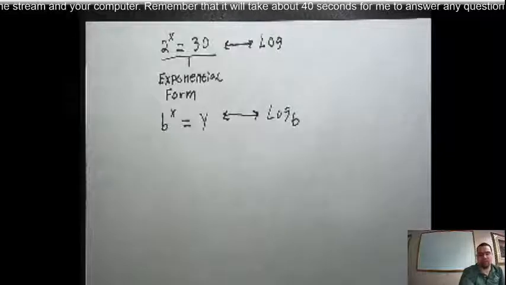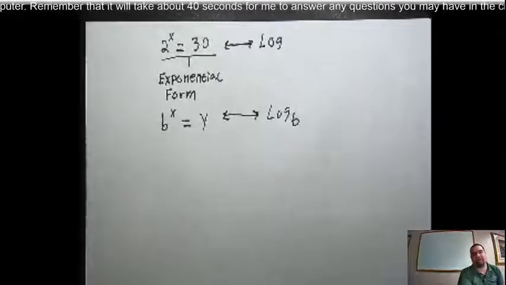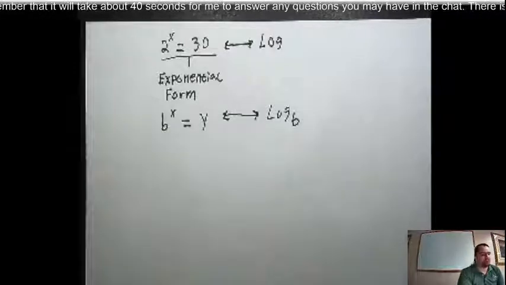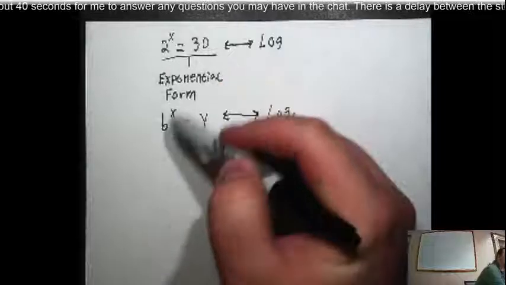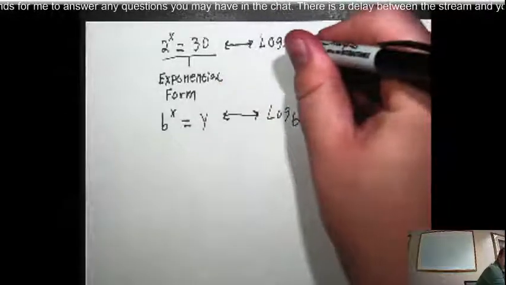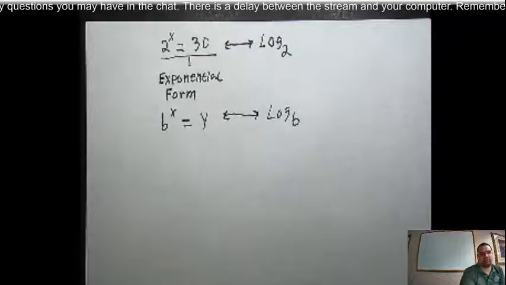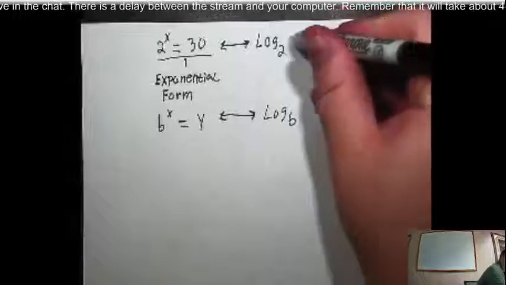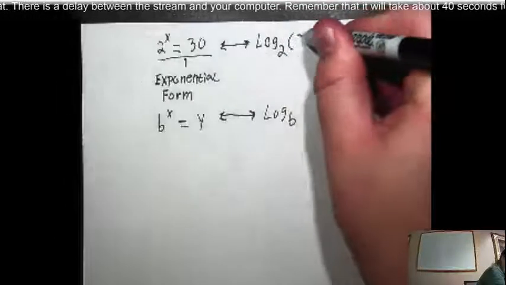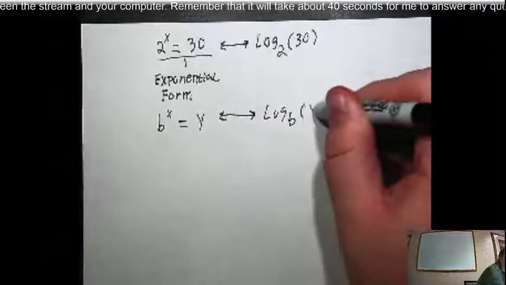So what counting system are we talking about? What number are we raising to a power? What base do we have, in other words? What is our b? So in this case, we have 2 for our b, so that's going to be log base 2. And then we are going to take the log of 30. We're taking the log of that y.